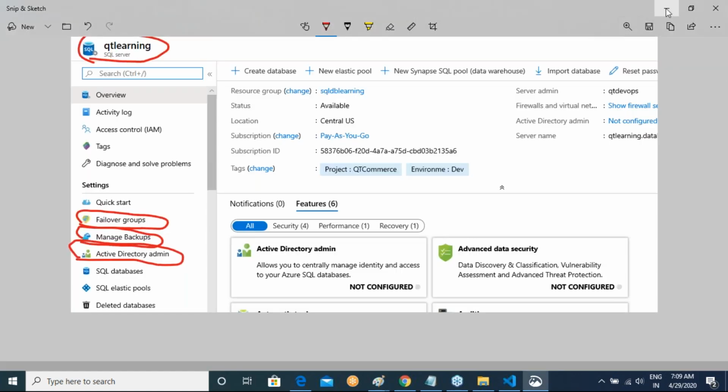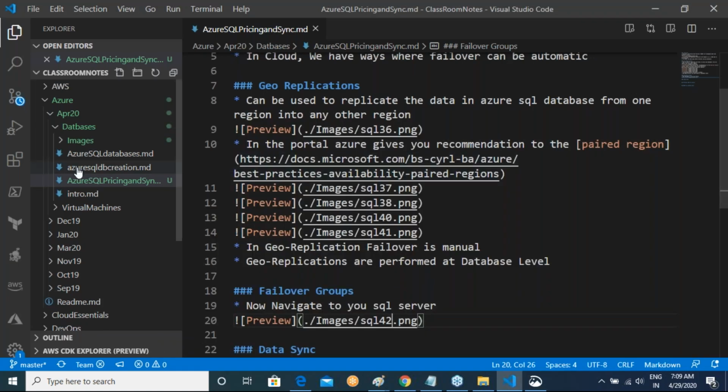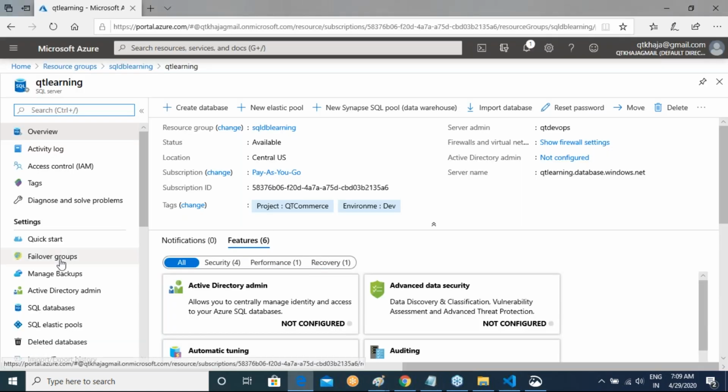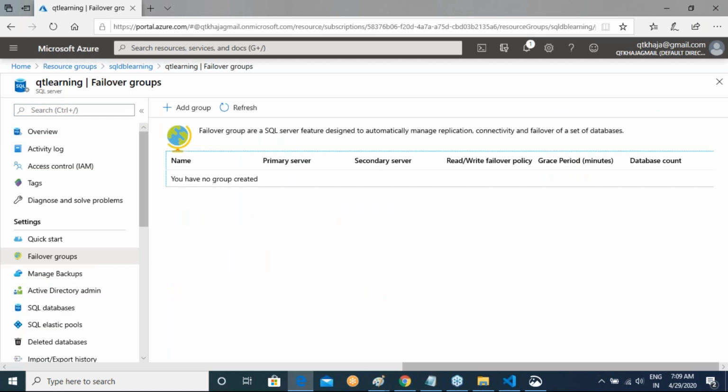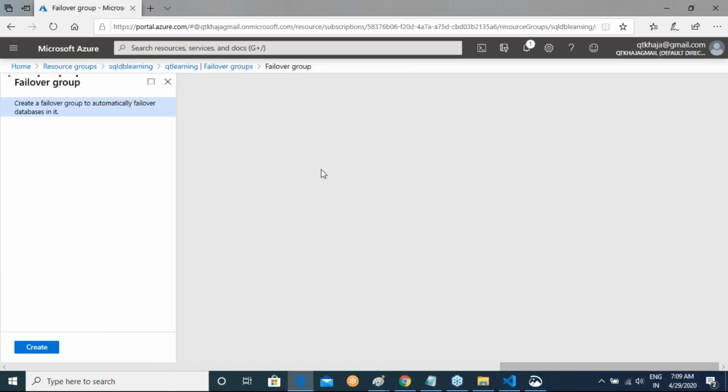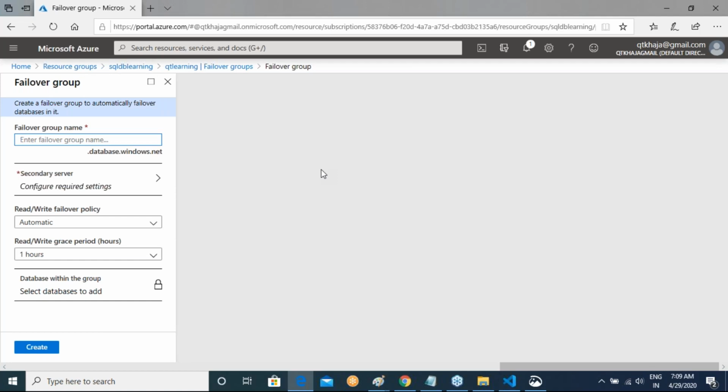Now, if you basically go to the server and click on failover group, and then you say that now I want to create a failover group, I will try to add a group over here. My failover group's name is Qt failover.